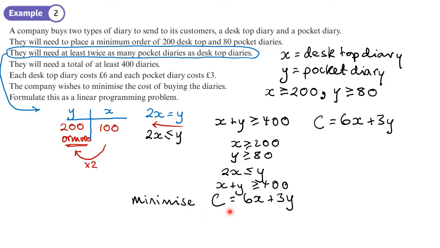Now normally at this point we'd put our non-negativity constraints and say that x and y both need to be greater than 0, but it's already here. If x needs to be greater than 200, we know it's going to be greater than 0. If y is going to be greater than 80, we know it's going to be greater than 0. So we don't need to do our non-negativity constraints here. So this would be my final solution for this question here.